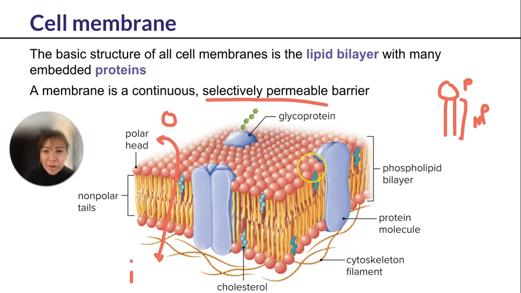You can also see that we have other things besides the phospholipid. We have cholesterol, which is here, and cholesterol plays a function with regards to the structure and fluidity of the cell membrane. We also have protein. This is an example of a protein right here. And this is also a protein, but it's called a glycoprotein because it has sugar. You can see these ring structures, similar to what we expect to see in glucose and fructose.